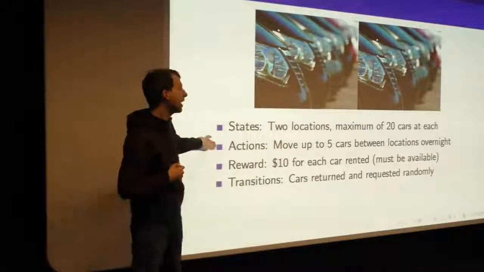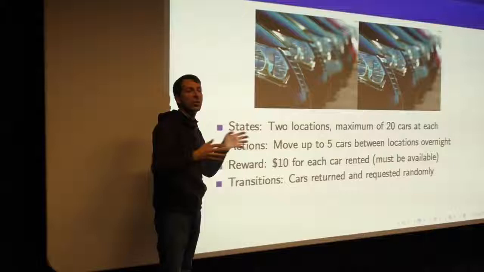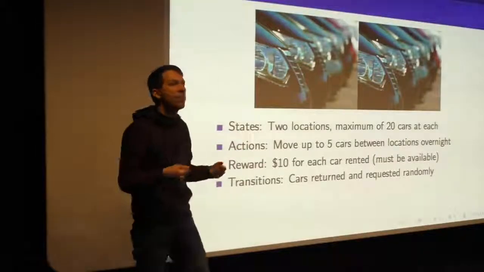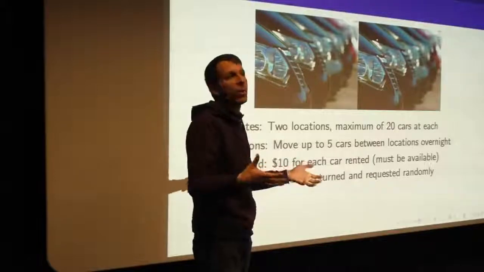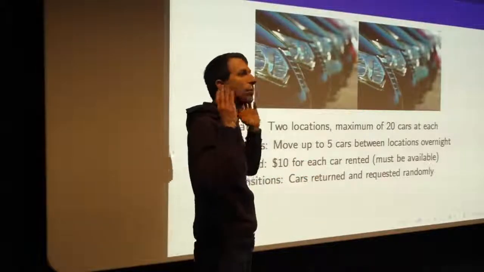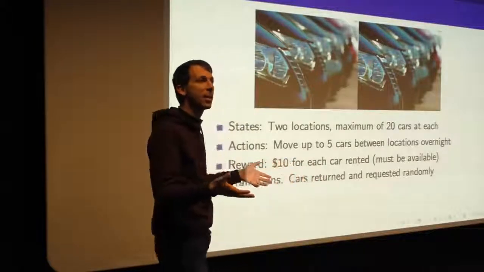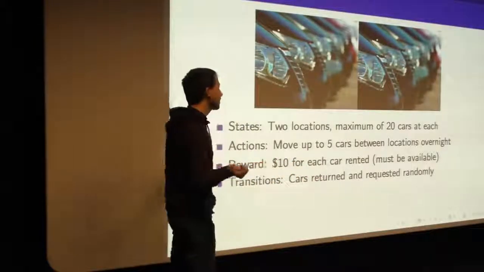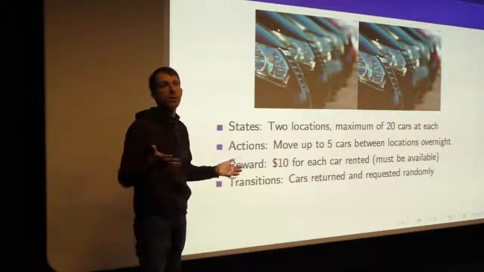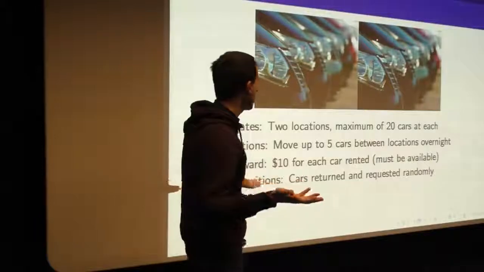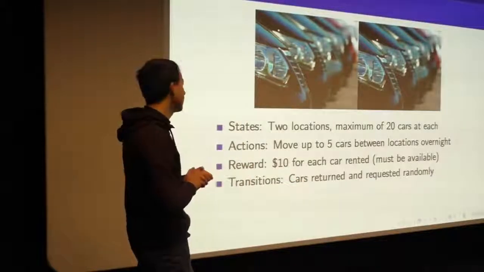Every night you get to move some cars from one location to the other, and you need to do this in the optimal way so that when people actually try to rent a car, cars are available to be rented. You basically don't want to end up with an empty car park when some customer comes in and tries to rent a car, because you lose money. And the question is, what's the optimal policy for shifting cars around so that you maximize your income? So it's a relatively real-world scenario.